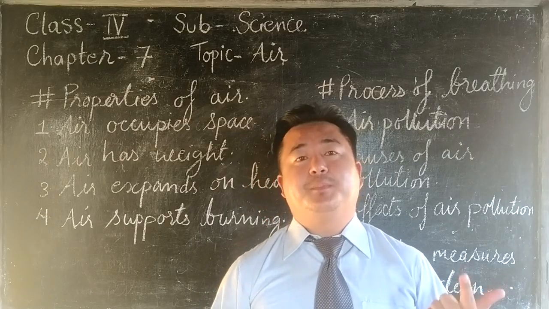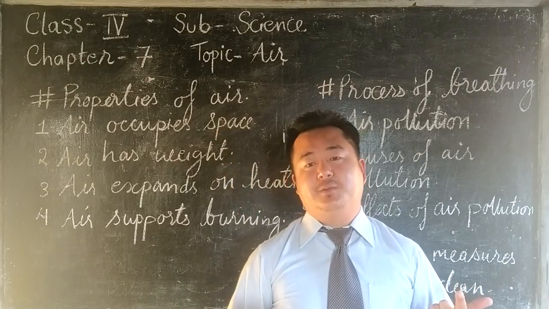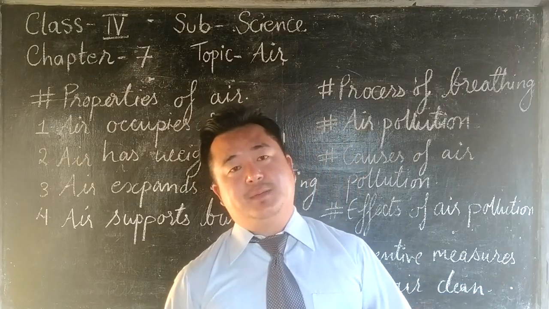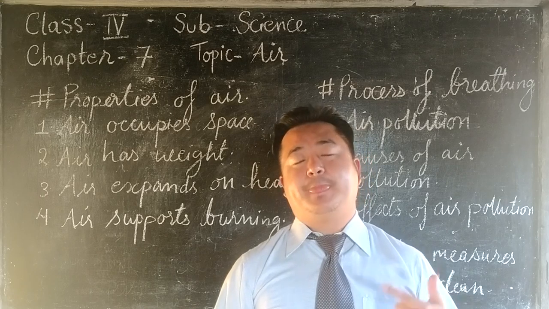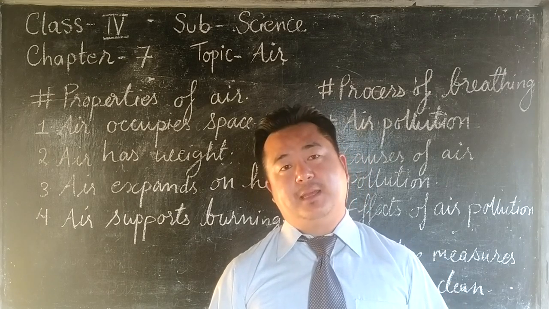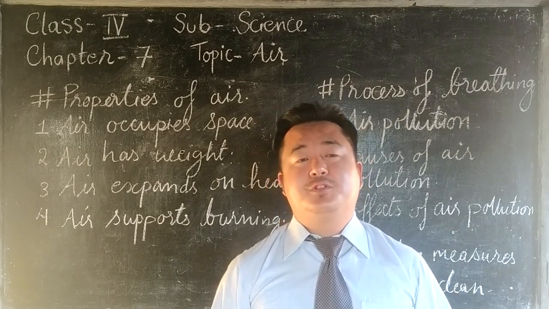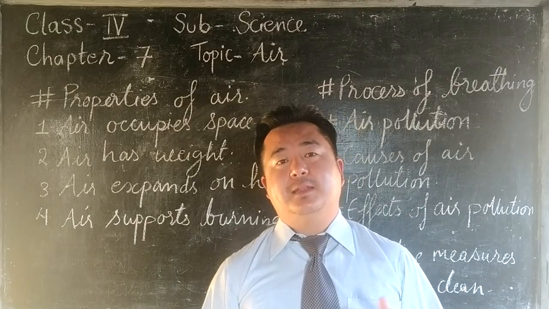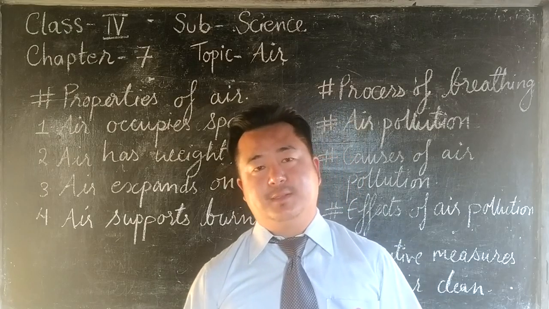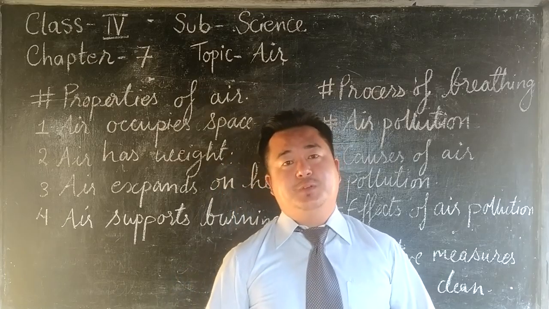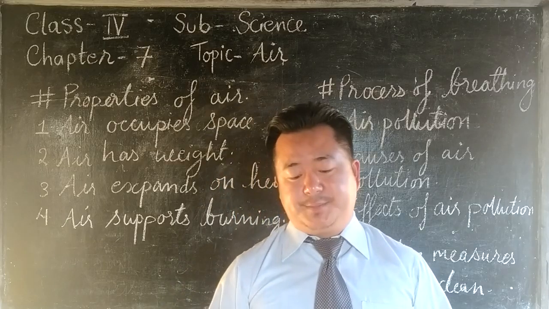The second one is plant more trees to keep air clean and fresh. There's a slogan, no? Save trees, save life. So plant more trees for clean air. We need oxygen to breathe, so we need to plant more trees.